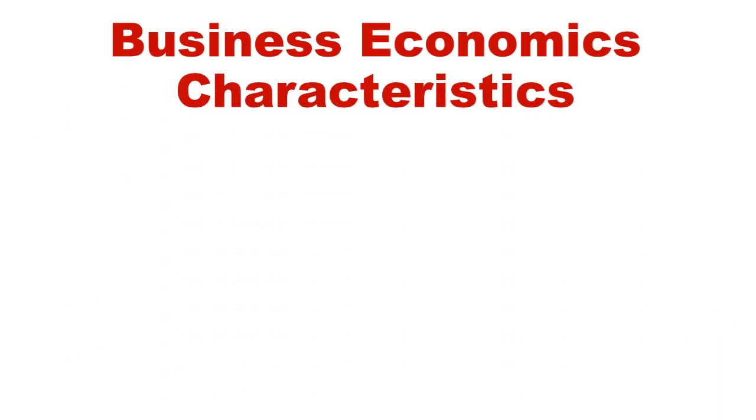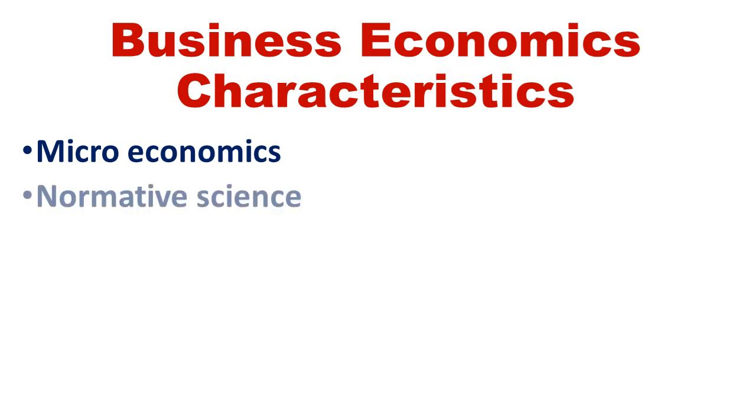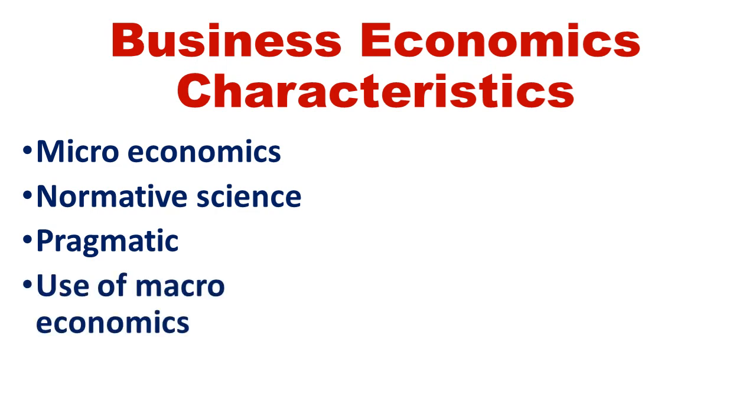Now coming to characteristics. It has a characteristic of microeconomics, normative science. These points we have already seen in the nature. Pragmatic approach, use of macroeconomic knowledge for the sake of decision making, use of theory of firm.